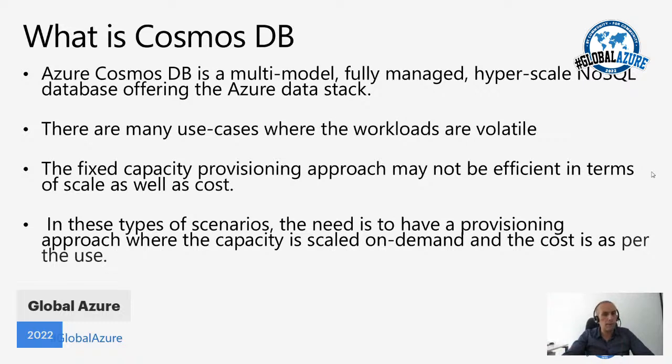We have Graph API, we have Cassandra API, different options to apply different models. Table API is pretty similar to Azure Table Storage, but kind of premium storage because you have options to have multi-indexes and different SLA, and this brings additional value for your table storage.